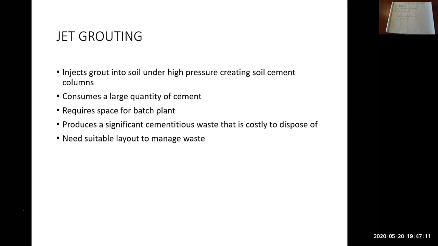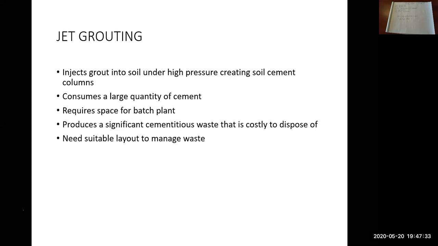So jet grouting, another type of system. It injects grout into soil under high pressure, creating a soil cement column. This type of method consumes a large quantity of cement.